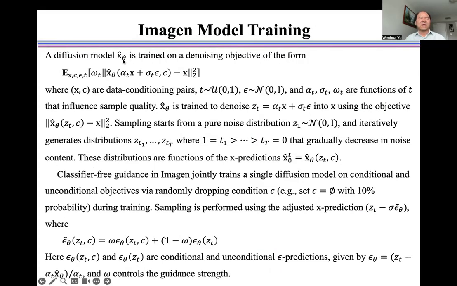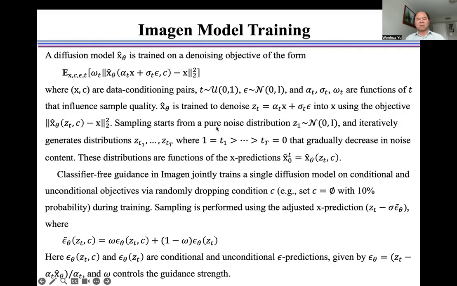A diffusion model x-theta-hat is trained on a denoising objective of the form here, where x and c are data-conditioning pairs, t is sampled from U, epsilon is sampled from a normal distribution, and alpha t, sigma t, and omega t are functions of t that influence sample quality. x-theta-hat is trained to denoise z t into x using the objective here.